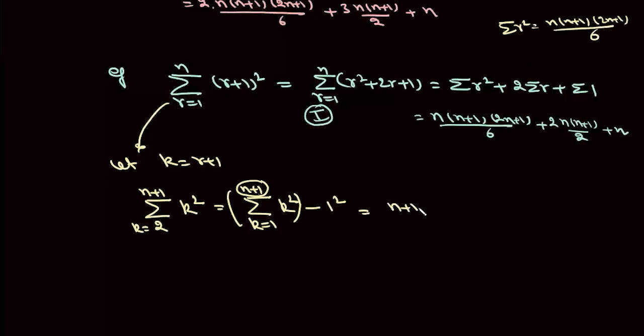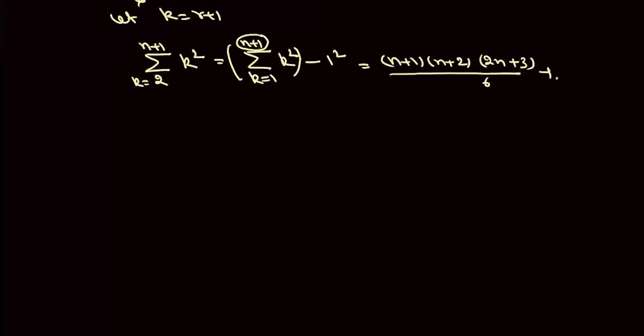So it will be n plus 1 into n plus 2 and then 2n plus 1 plus 1, so there will be 2n plus 3, whole divided by 6 minus 1. Now, initially, many of the students falter when the summation actually starts from 0.